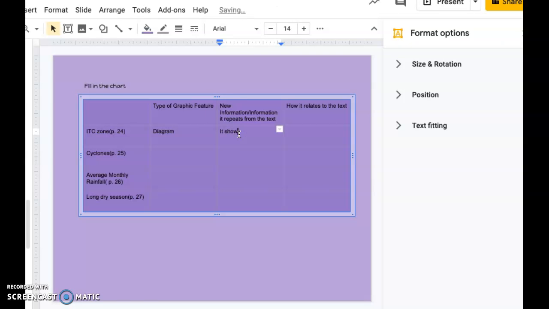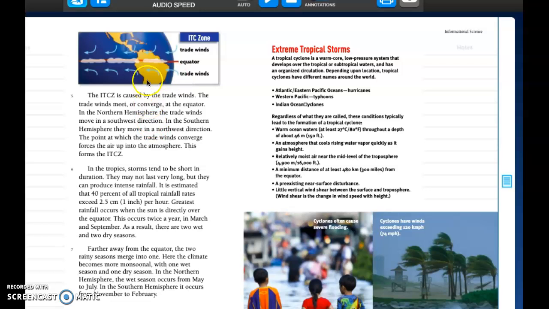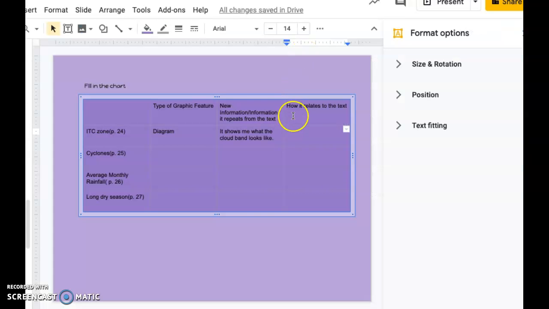It shows me what the cloud band looks like. And how it relates to the text. Well, it shows the directions that the trade winds are blowing, right? And the location of the ITCZ.